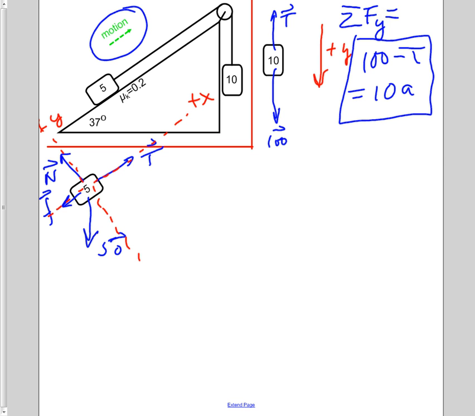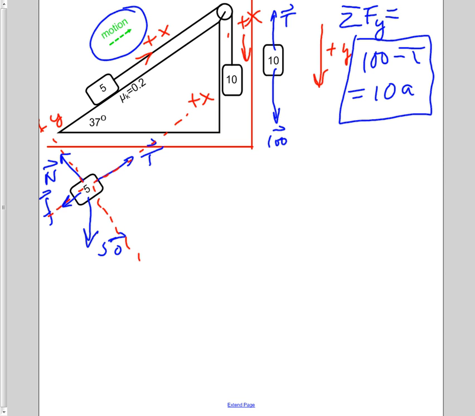Notice that I have carried through with the rule of the finger. That is to say, this plus x is along this way. So here's plus x here. And then I've come around the pulley, and for this one over here, we chose plus x like that.